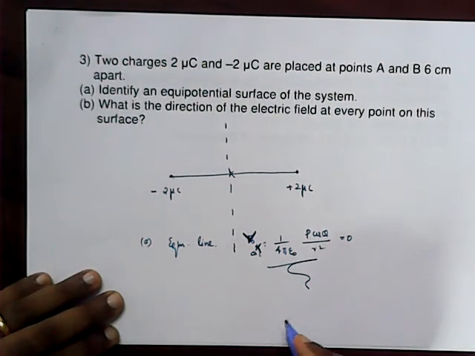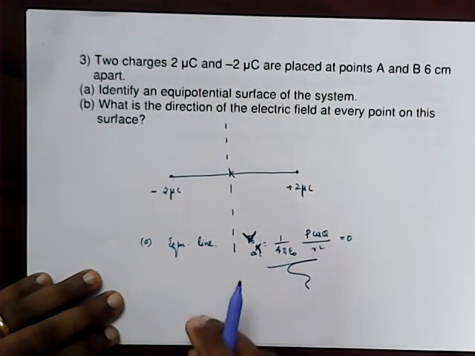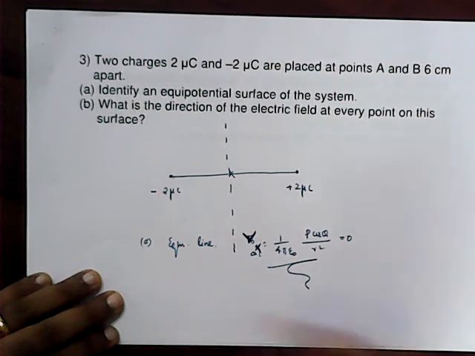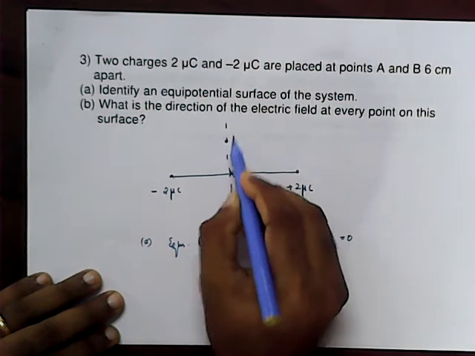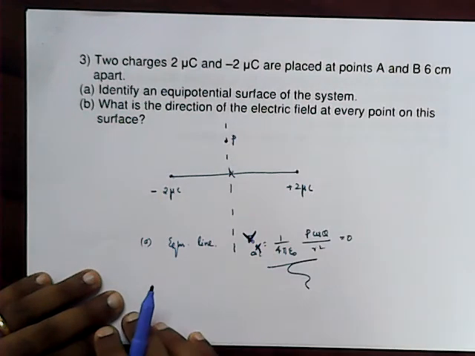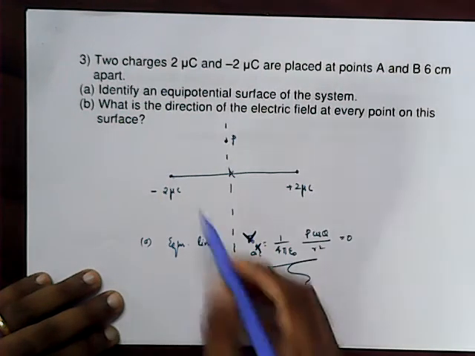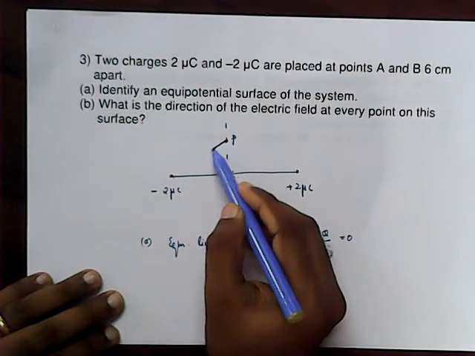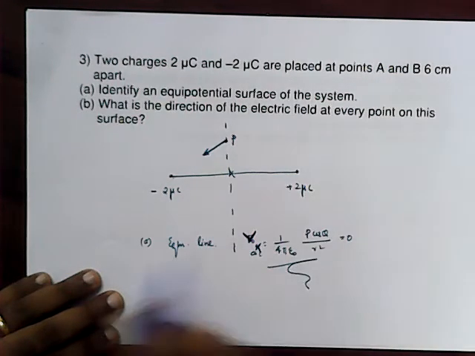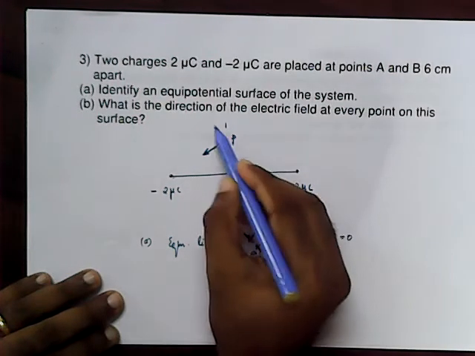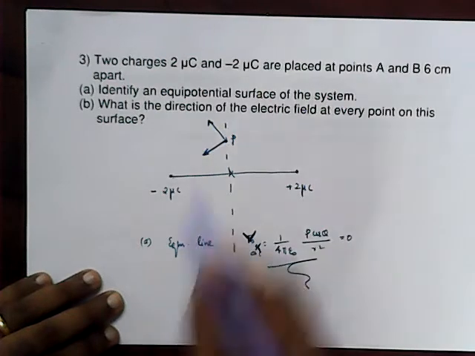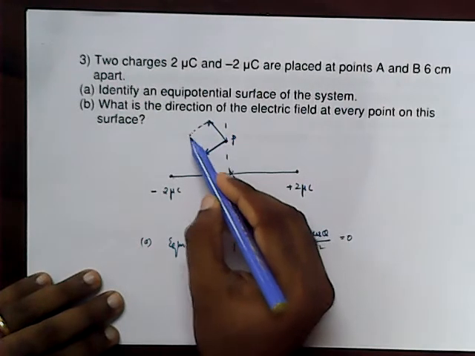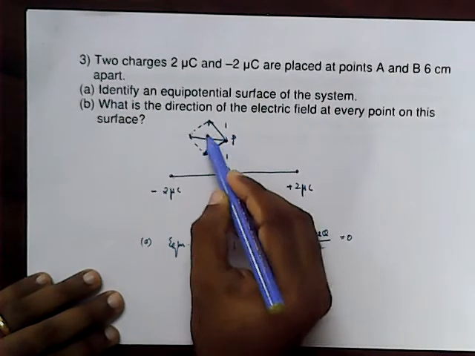And keep in mind, what is the direction of the electric field at every point on this surface? If you just take one point here, P, in order to find the electric field, you can place a test charge here. The minus 2 will attract it in this way, and plus 2q will repel in this way. So we can take the resultant by using the parallelogram.